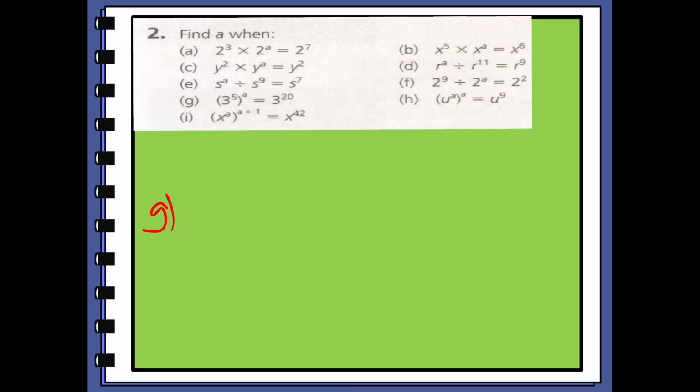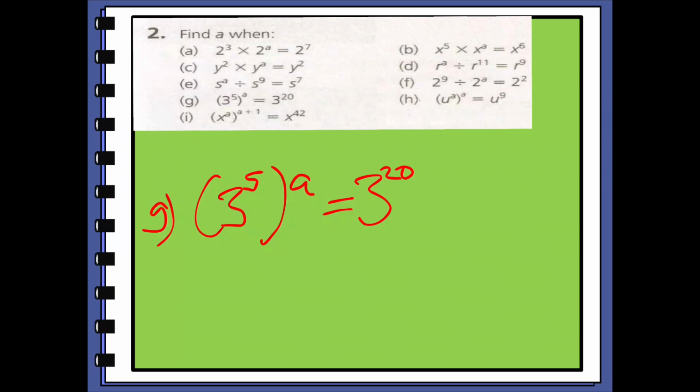So for g, where we have 3 power 5, 3 power 5, then outside this a equals 3 power 20. Alright, so first of all, we are going to deal with the brackets.